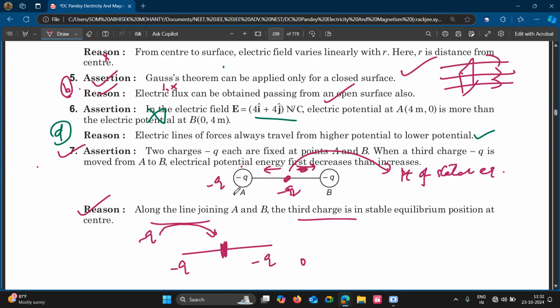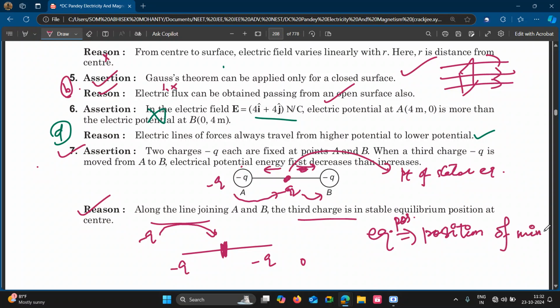So if it is moving towards the equilibrium point, that means potential energy is decreasing. And after this point, it will start to move away from the equilibrium point, then potential energy will be increasing. Okay, got it? Because the equilibrium position is the position of minimum potential energy.